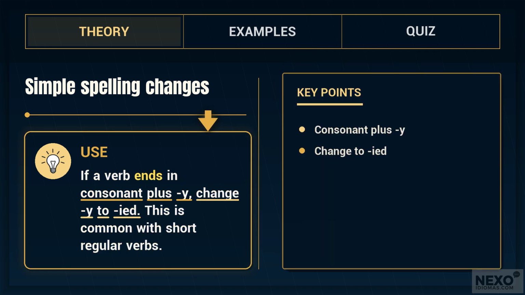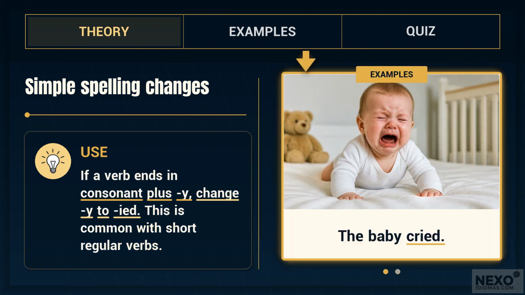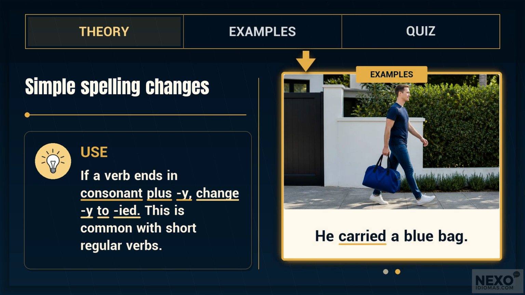If a verb ends in consonant plus Y, change Y to IED. This is common with short regular verbs. Example, the baby cried. Example, he carried a blue bag.